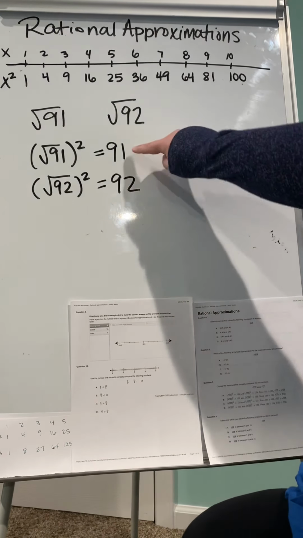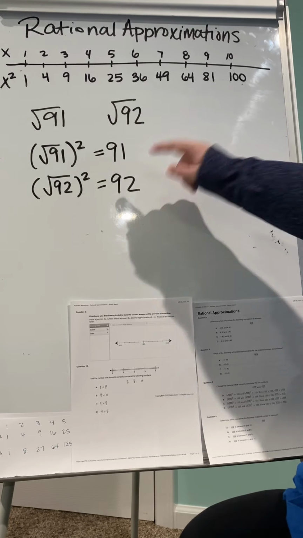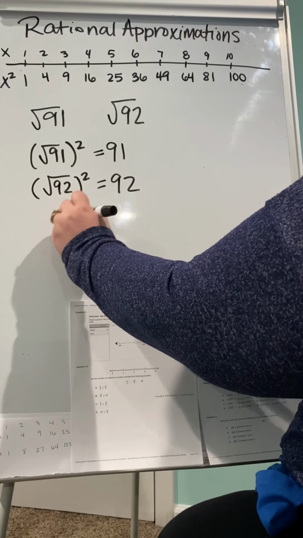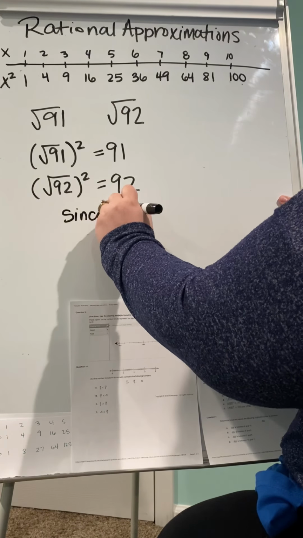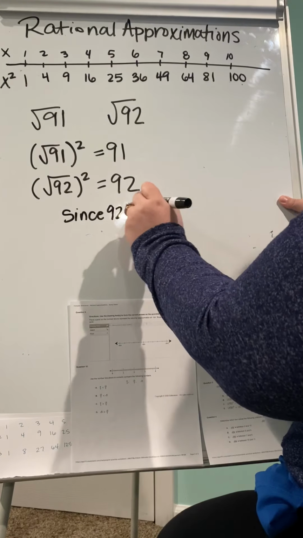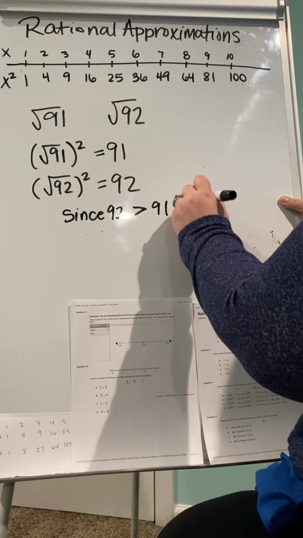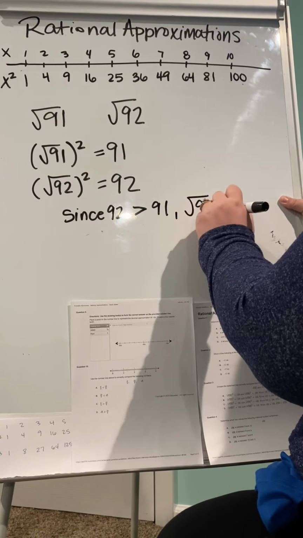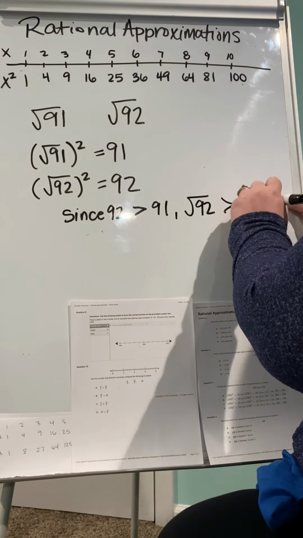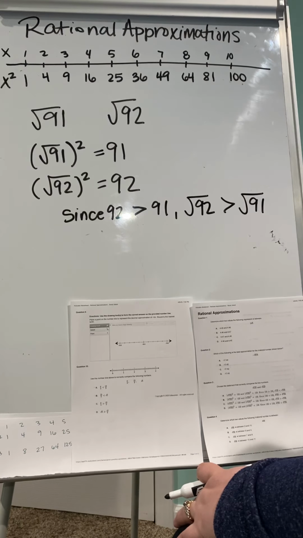Now, which of these numbers is bigger? Obviously, we know 92 is bigger. So, since 92 is greater than 91, the square root of 92 is also going to be greater than the square root of 91. Okay?